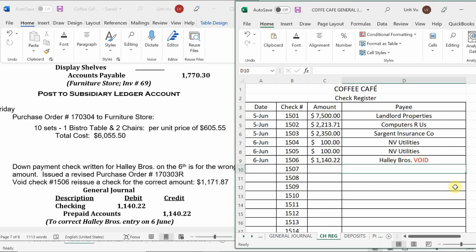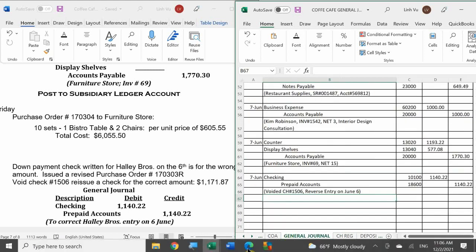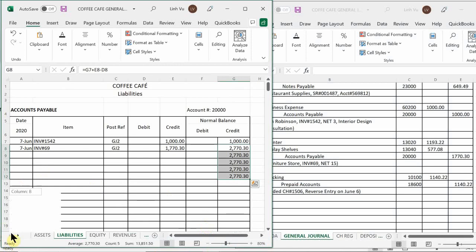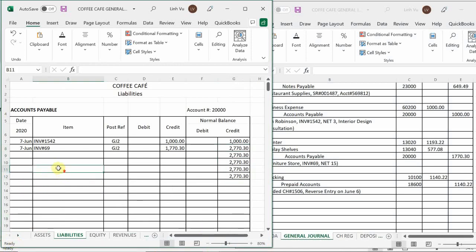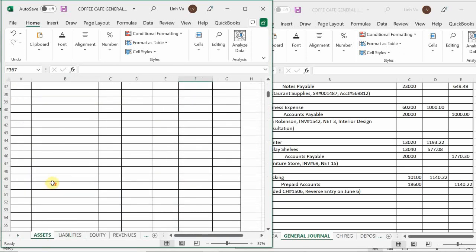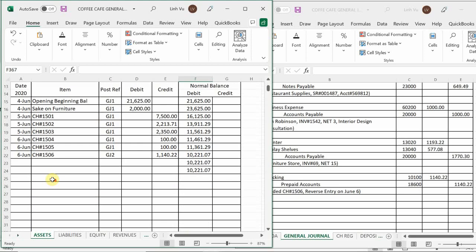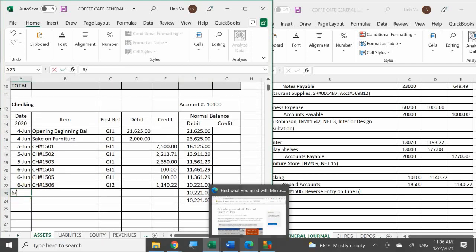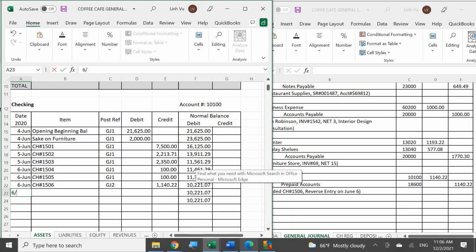I also have to now go to my ledger account because I have to undo a lot of stuff. First thing I have to do is revert the money back to my checking account. So go to assets. We're going to revert the money back to my checking account. I'm going to put in the date.